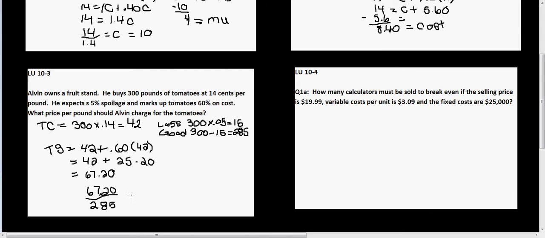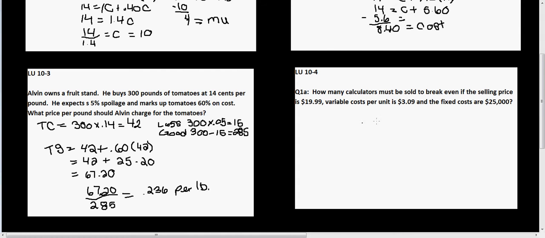That will yield 0.236 per pound, 23.6 cents, or you could round it up to 24 cents per pound. Okay, now we've taken care of the spoilage and the markups to develop a unit pricing model.